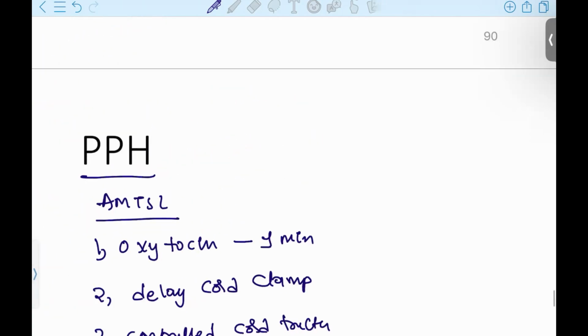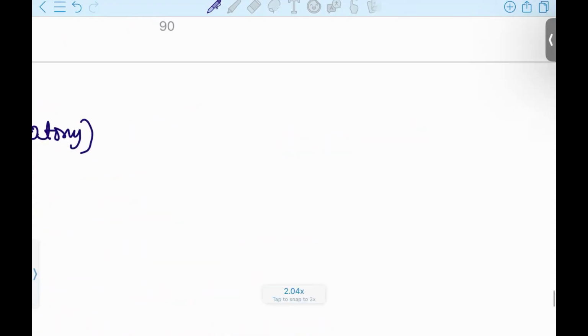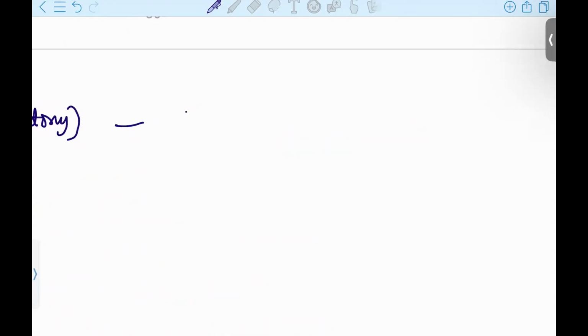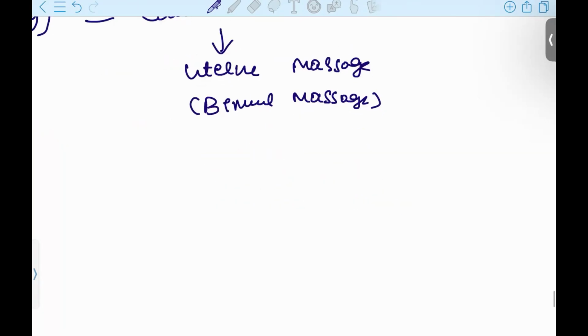Not massage, only assess uterine tone. Next, the most common cause overall is uterine atony. Okay, this is the one most common cause. And for this patient, what is the protocol that we should follow? Immediately call for help. Okay, immediately call for help and start doing uterine massage. How to do it? The bimanual uterine massage should be done for this patient's uterus to improve the tone of the uterus.